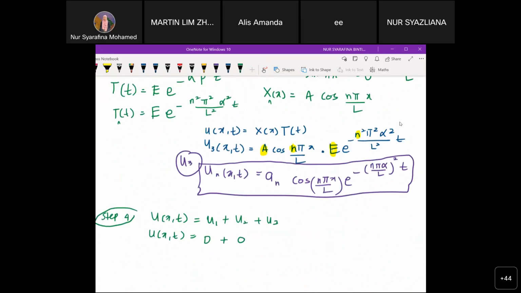And u3 is a_n cos(n pi x over L), so it is the summation from n equals 1 to infinity of a_n cos(n pi x over L) times exponent of negative (n pi alpha over L) squared t. So this is the solution of u(x,t).